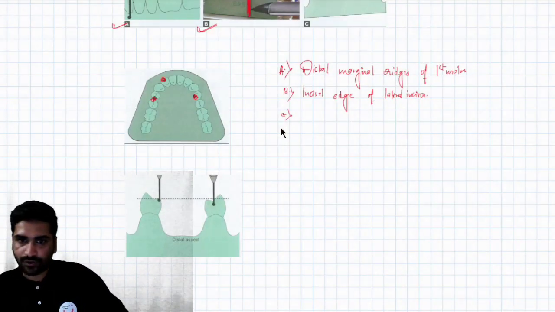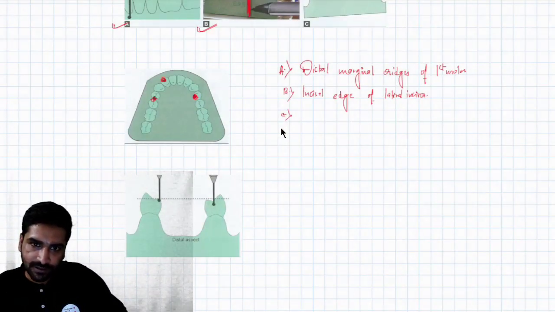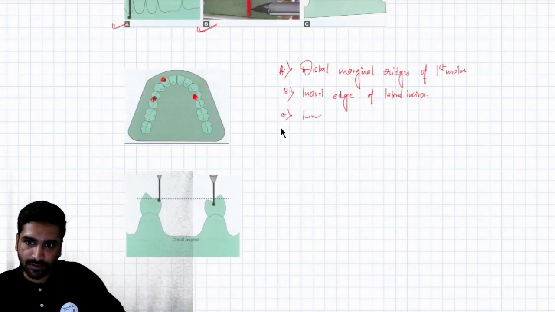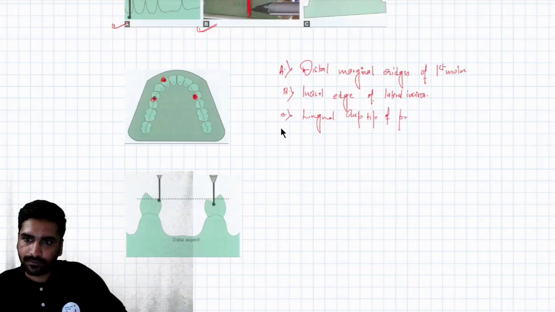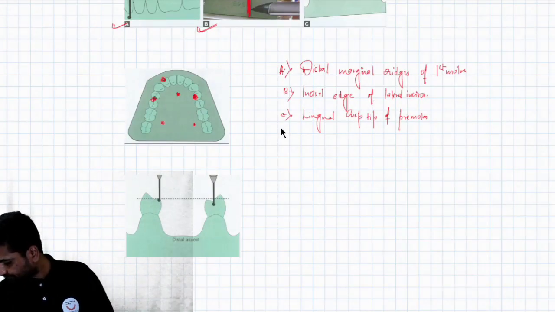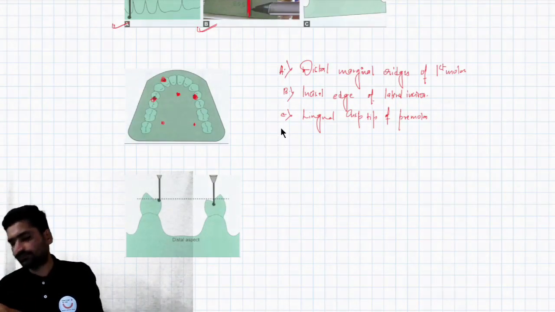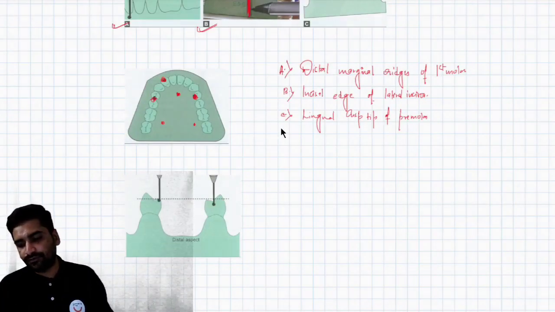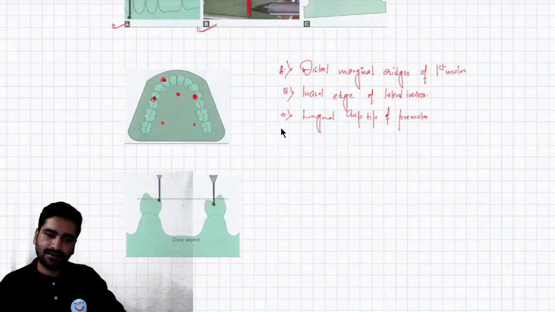Thirdly, you can also use over here, if you see, lingual cusp tip of the premolars. So the lingual cusp tip of premolars also can be used. Otherwise, you can use soft tissue landmarks like somewhere in the anterior, somewhere in the posterior also, okay. So this is how you mark and transfer the tripoding mark.